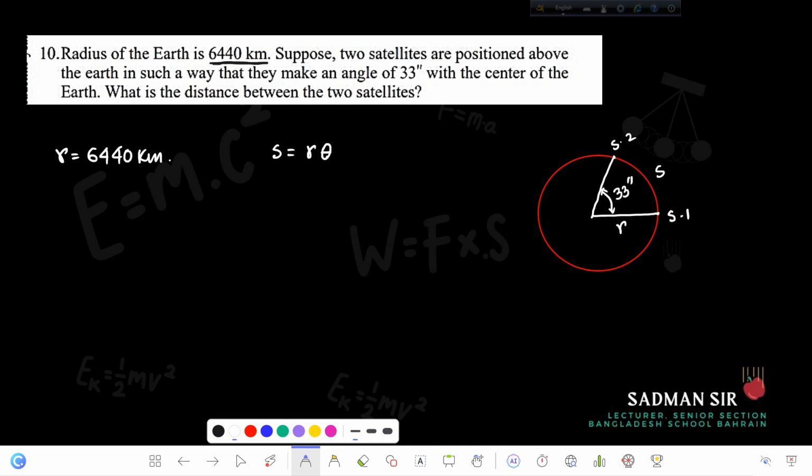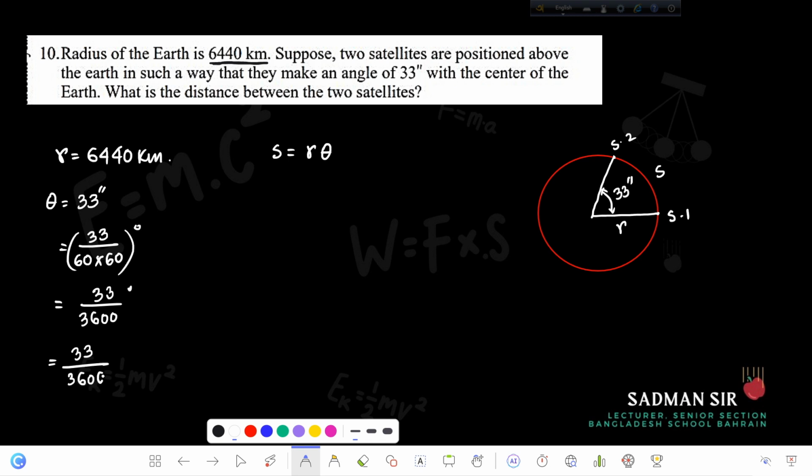So S is equal to R theta. But for theta, we need to make sure that this is in radian. We can see that it is in second. So first I need to convert it to degree by dividing by 60 twice. If I divide it by 60 twice, initially we will get 33 divided by 3600 degree, and then we have to convert it into radian.